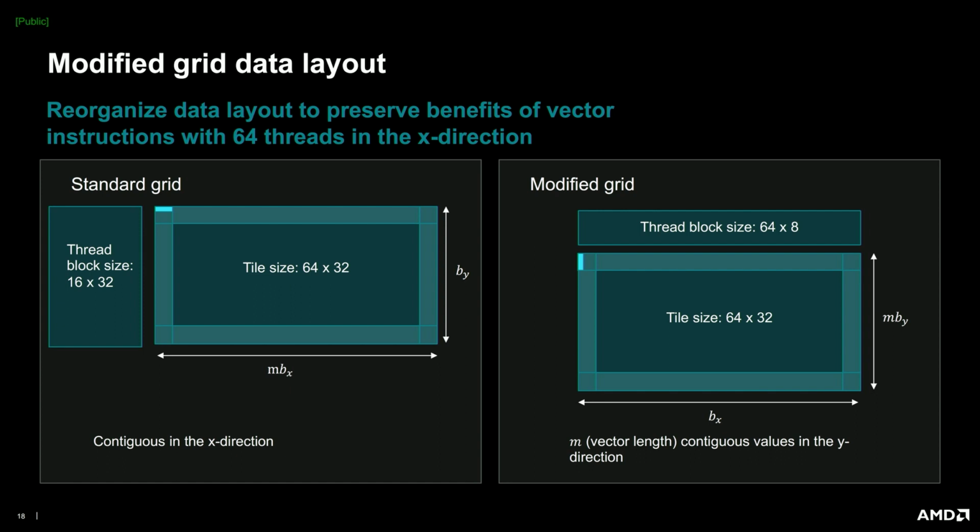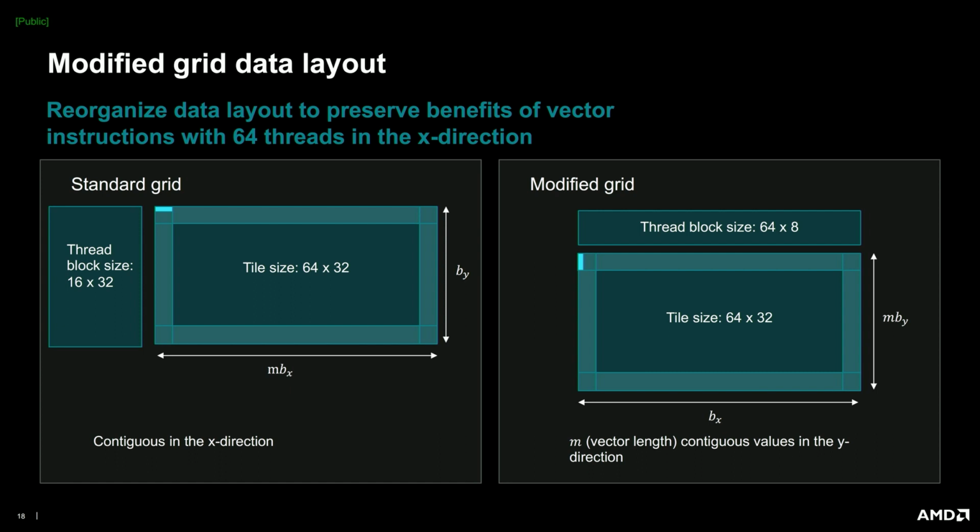So to get around these issues, you can change the underlying data layout itself. We move away from the standard approach where all the elements are contiguous in the x direction, and instead we let some of the elements be contiguous in the y direction, but just for that little vector length. In that way, we now have a very wide thread block size, but our tile size stayed the same.